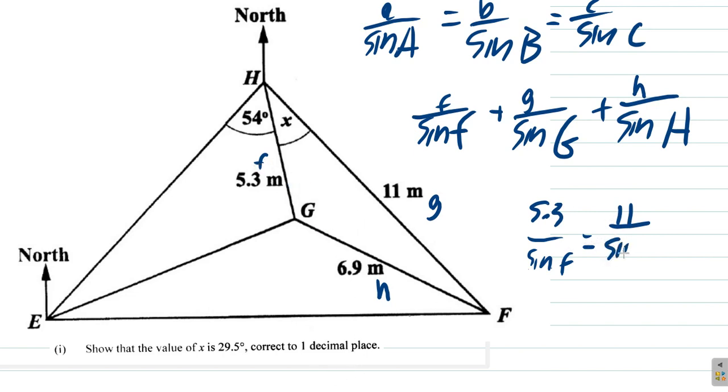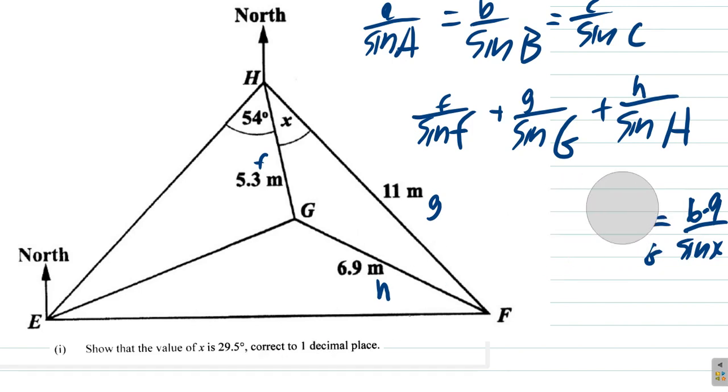So we just write sine G, equals then we have H, the 6.9 over the sine of H, which is x. So no matter how we put any two of these together, we have two unknowns, so the sine rule cannot work. What we're going to use is the cosine rule.